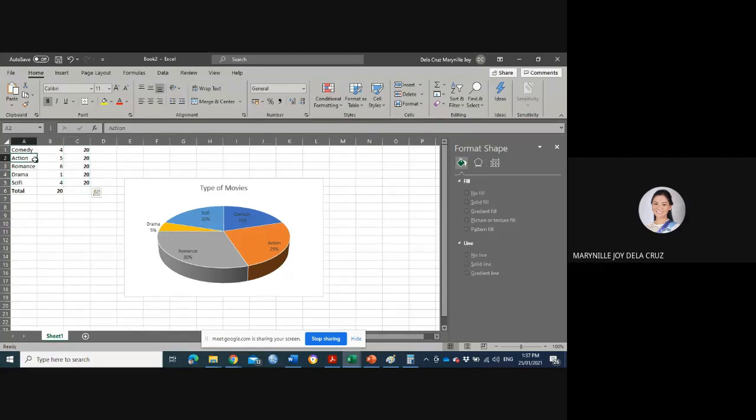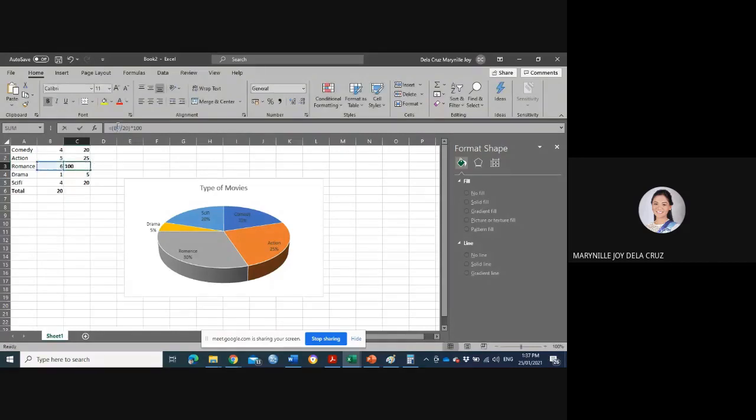So action is, sorry. Bakit 4 akong ginagamit? B1. Okay. Bakit siya B1? B1 is 4. Dili naman, B2 is 5.